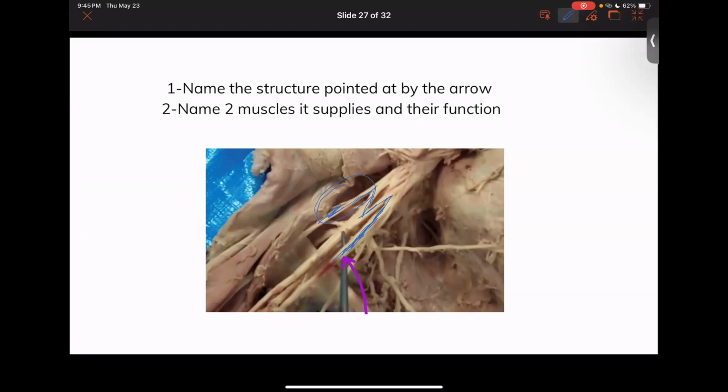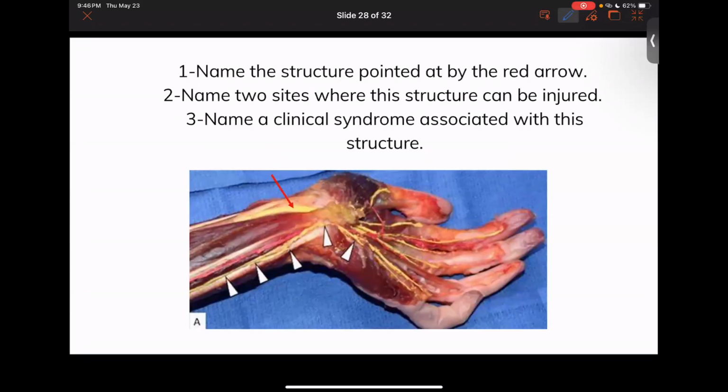And that's pretty much it, I think. So hypothenar, third and fourth lumbricals, and the flexor carpi ulnaris. I think these three are the important ones. So that's it for this question. Let's move on. Okay, so pause the video.